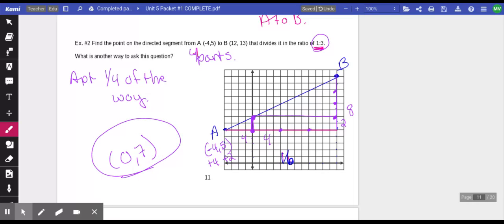Now, for those of you who don't like to do things graphically, there is a formula that I can use. So actually, let's write the 0, 7 smaller so I can use my formula.